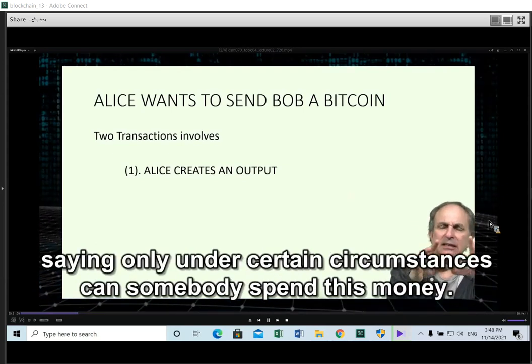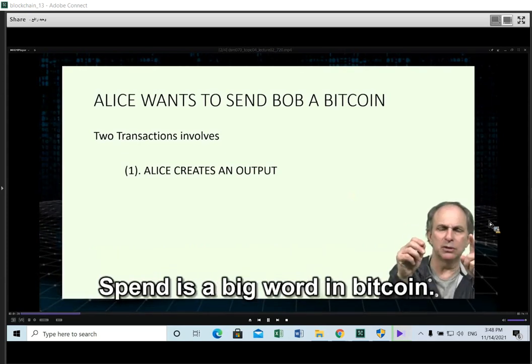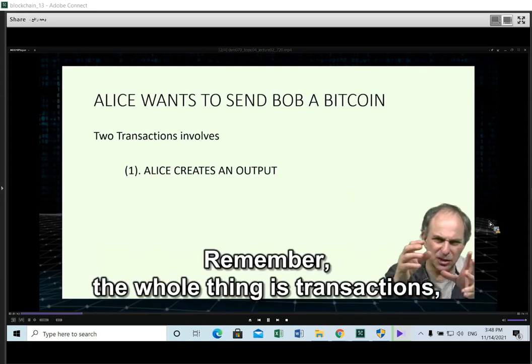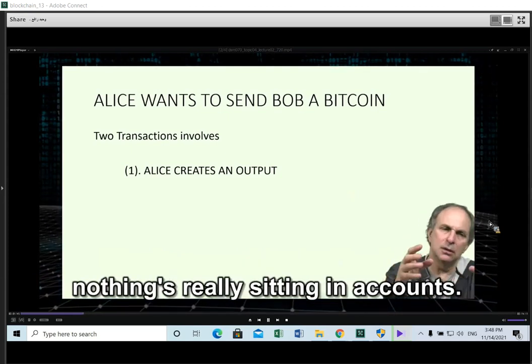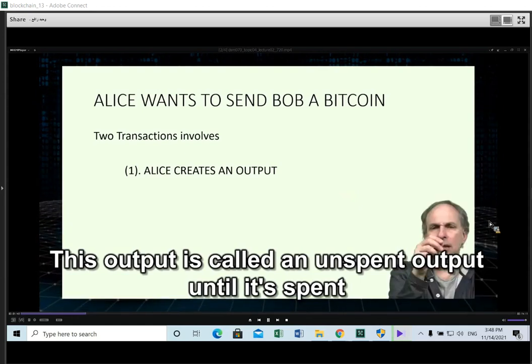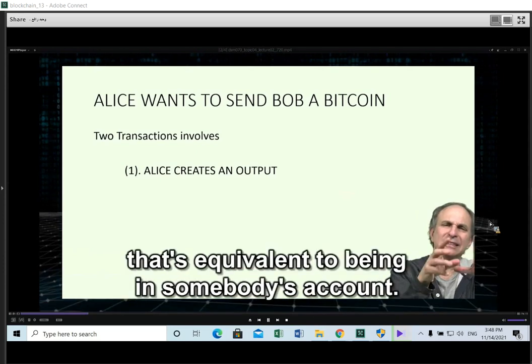As I said in the last lecture or some time ago, you could have more complicated things here that say, well, any of these 3 people can spend it, for example. But usually it's just one address that spends it, and we're going to go through in detail how that looks. So let's go with it.